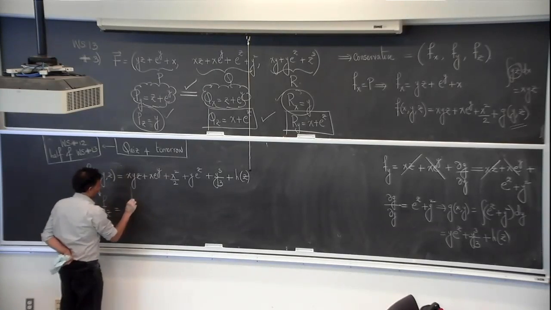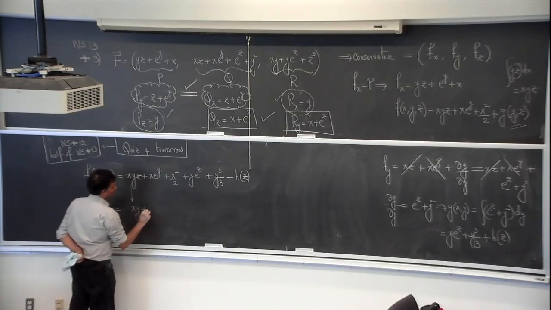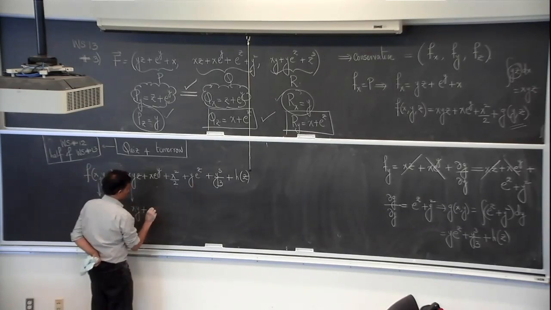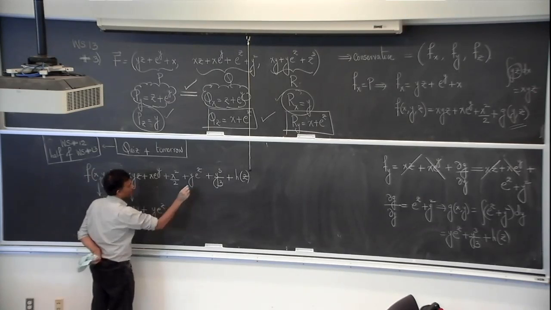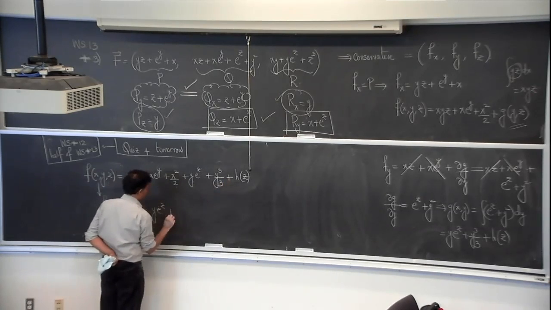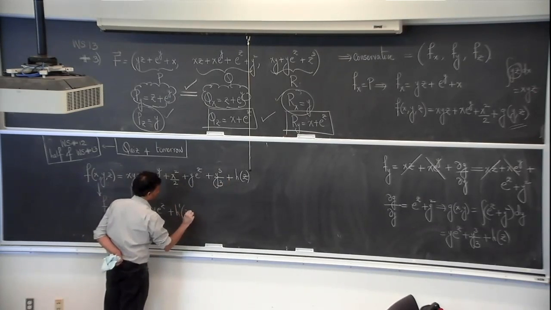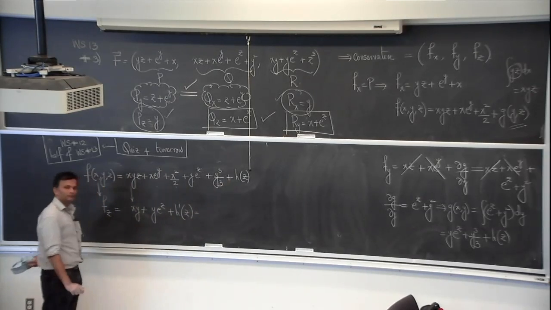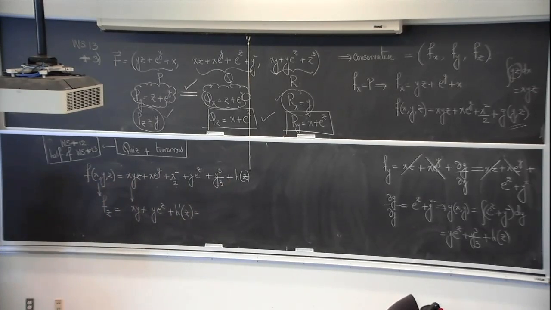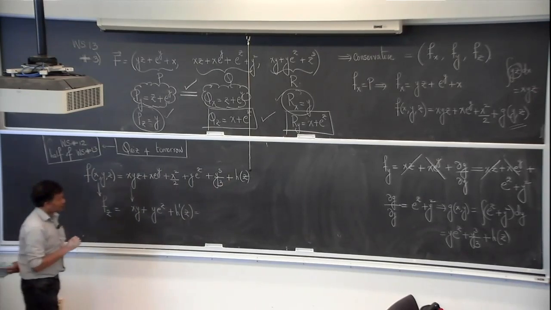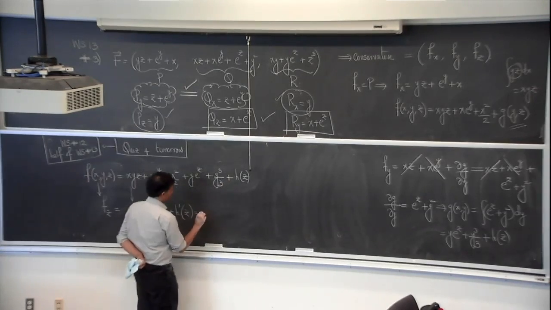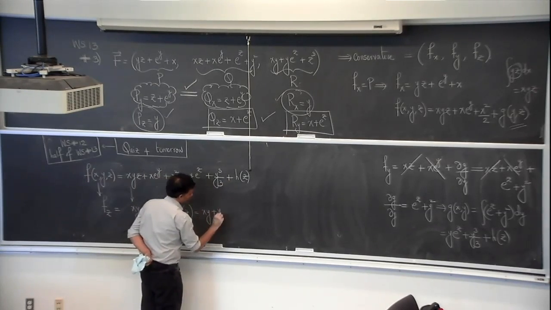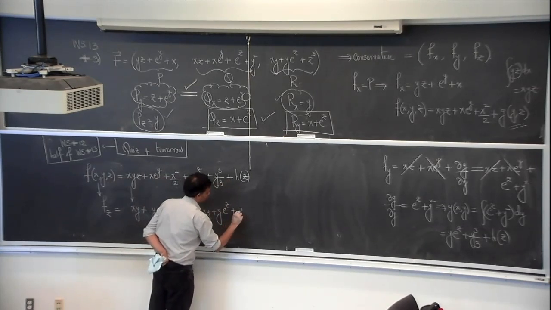That's going to be xy plus 0 plus y e to the z here plus 0 plus h prime of z. And that's equal to the r component, which is xy plus y e to the z plus z to the 3.